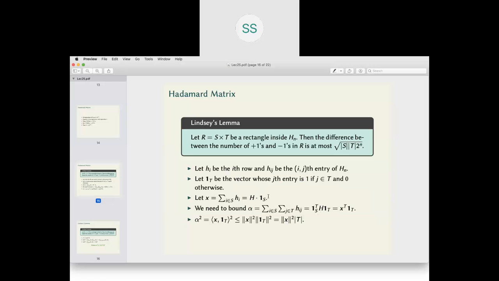Again, we are using here that H is symmetric. I'm not explicitly written here, but we are using that H is symmetric because we are going back and forth between transpose and the original.